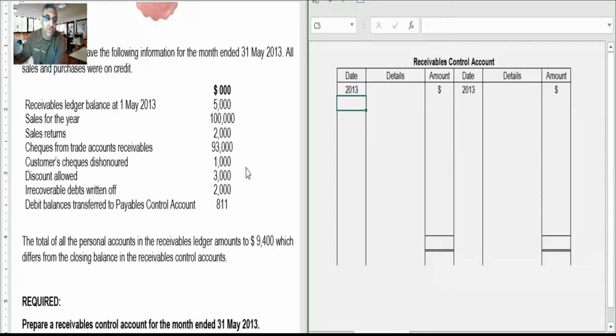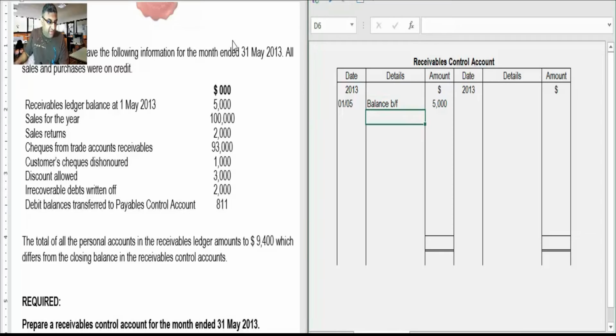First of all, we are required to prepare a receivables control account for the month ended the 31st of May 2013. We have the format right here, so we start by inputting the data. First of all, we have the opening balance of the receivables control account of $5,000, which is dated the 1st of May, and that's the balance brought forward or balance brought down.